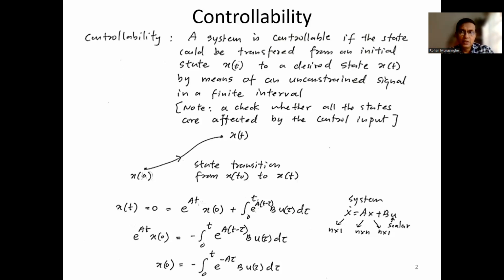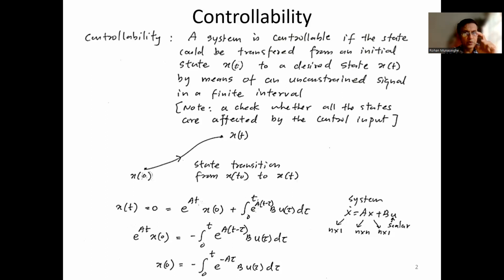On the other hand, if we know that some of the state variables are not related to the control signal in any way, then of course we have no control over those state variables. Therefore we cannot provide any assurance that we can bring those state variables to the final state. So this is the check we are trying to do under controllability, to see if there is any relationship between the state variables and the control signal.